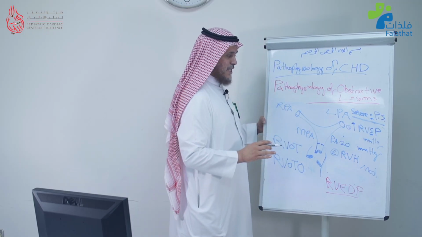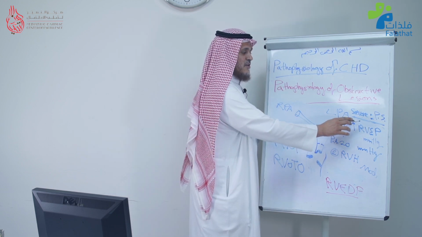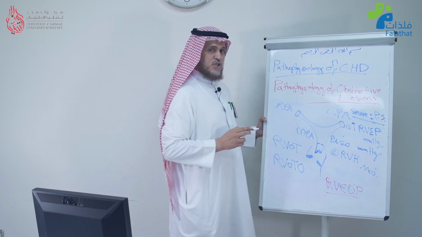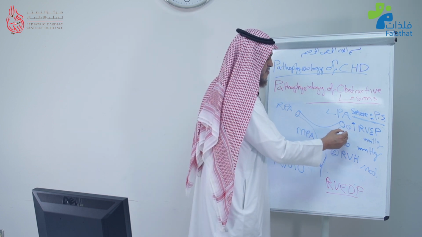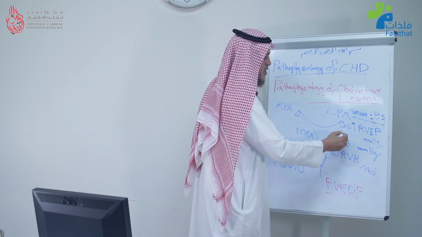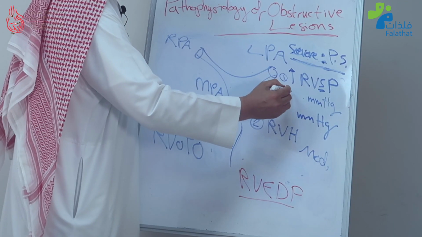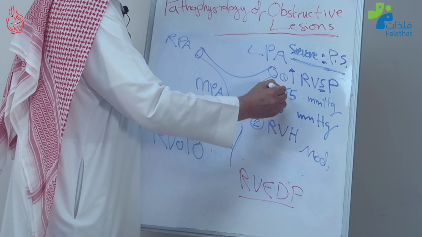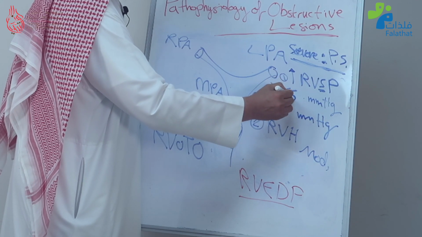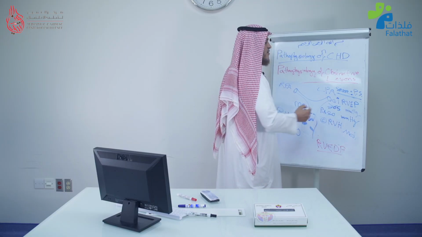Obviously and definitely we will have elevated right ventricular systolic pressure. How much elevation? Obviously above or equal to 60 or 65, if you want to be more towards an accurate number, 65 millimeter mercury.